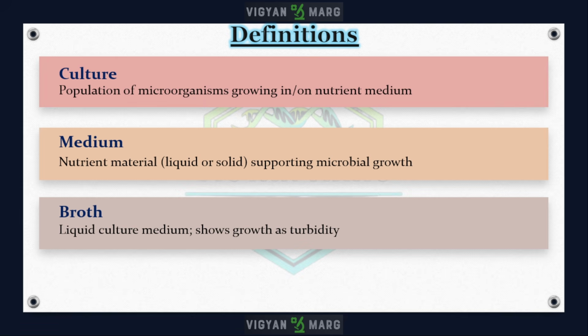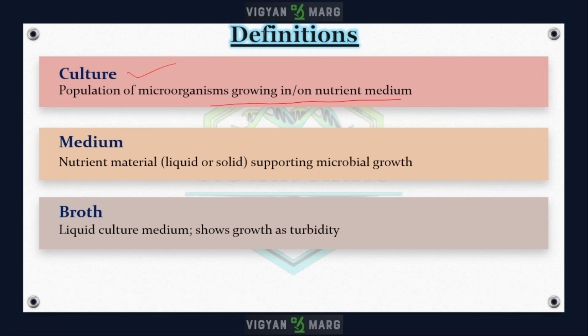And next, let's fix some core definitions that we'll use repeatedly throughout this lecture. What is a culture? A culture is simply a population of microorganisms growing in or on a nutrient medium. It can be a pure culture, ideally derived from a single cell, or a mixed culture containing several species.